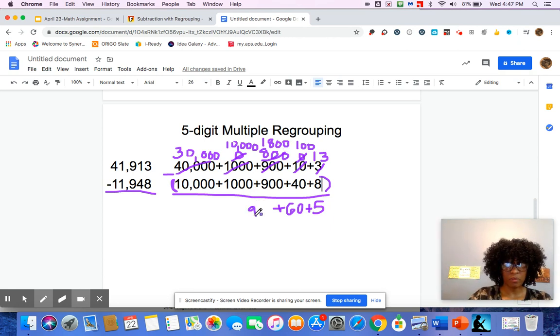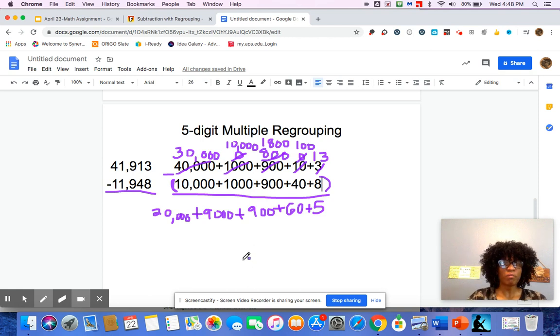Then our thousands place, 10,000 minus 1,000, is 9,000. Then our 10,000s, 30,000 minus 10,000, which is 20,000.